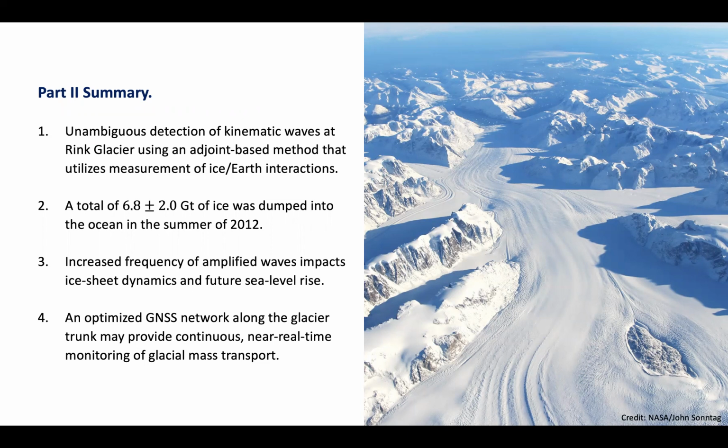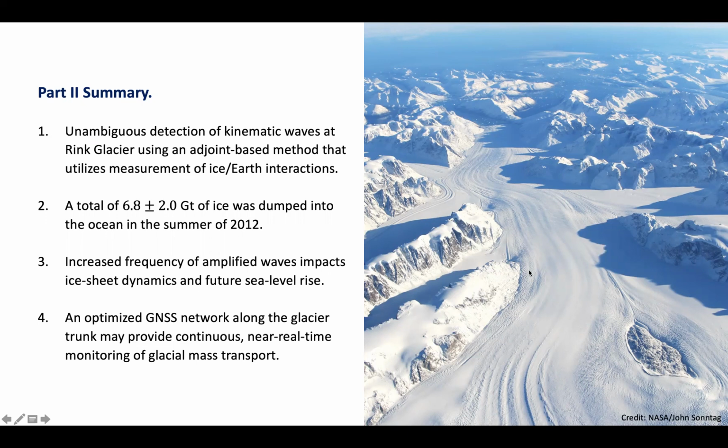And so one important thing here is that the method that we use to detect this kinematic wave is really novel, which is based on the bedrock GNSS based method, and that really utilizes measurements of the ice-earth interactions. So we envision that if we can deploy more than one station, ideally on either side of a glacier, for example, multiple GNSS stations on the bedrock, maybe a couple here and a couple on the other side.